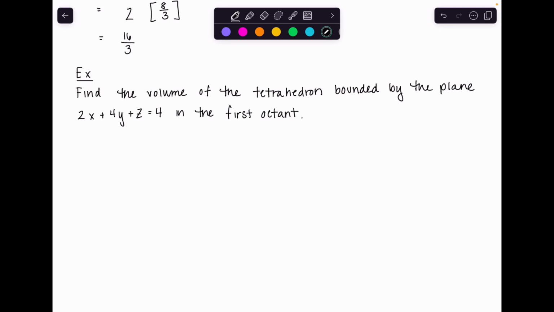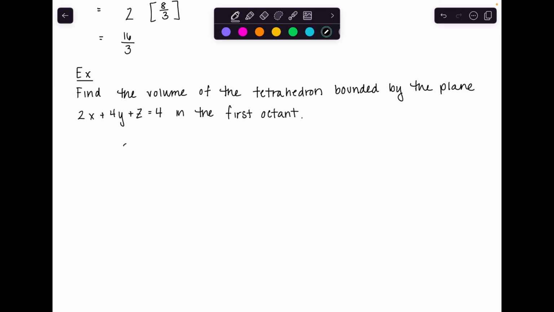So if you don't know what a tetrahedron is, it's really just kind of a shape that has 4 sides. In this case, it kind of looks like a little bit of a dice, but not quite. You can kind of think of a D4 as a tetrahedron.